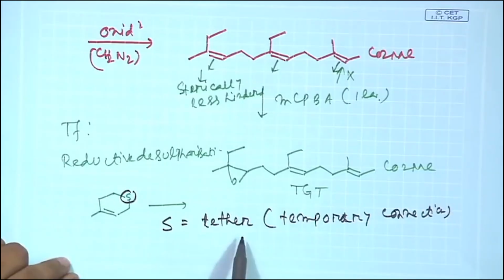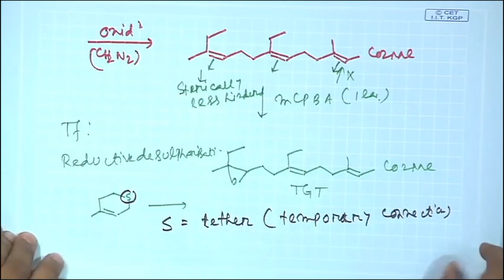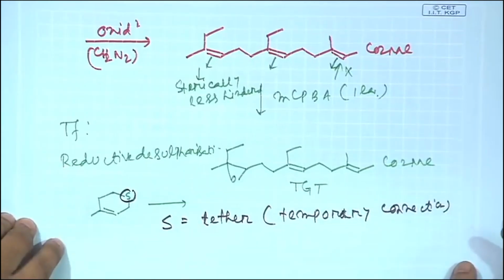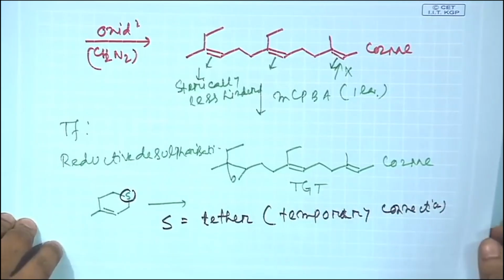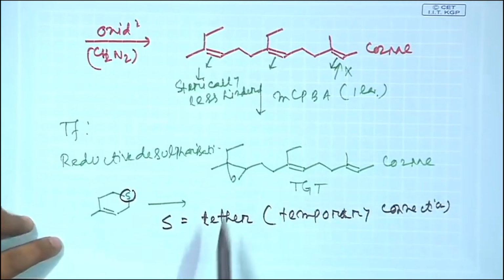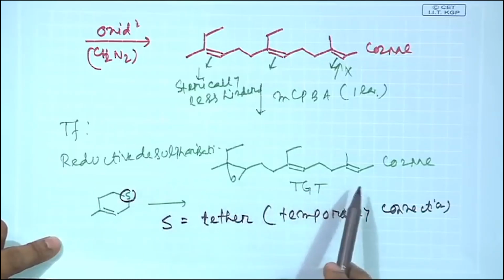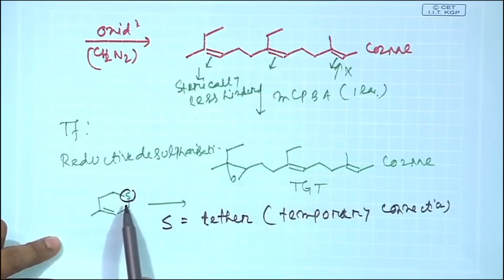This temporary connection was not required in the final target, and this was very useful by using a sulfur tether reaction, but eventually the main reaction is reductive desulfurization, which will give you a very useful functional group assembly, and you can see that the final target molecule was nicely achieved by using reductive desulfurization chemistry.